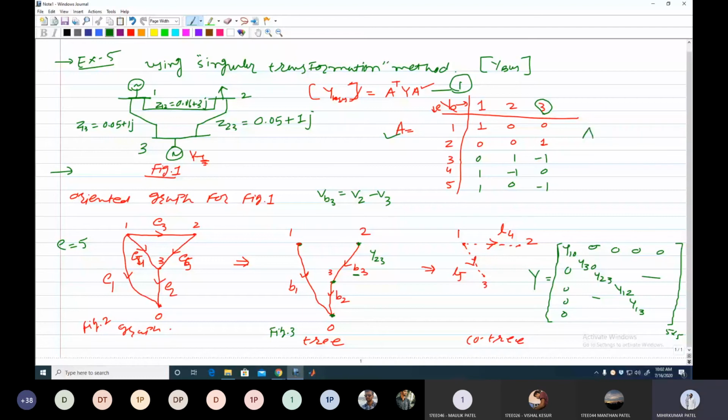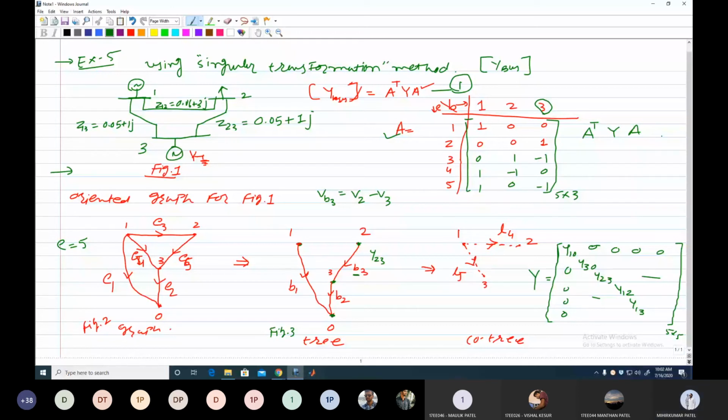What is the order of A? It is 5 cross 3. Here, the order of the A matrix. Clear?